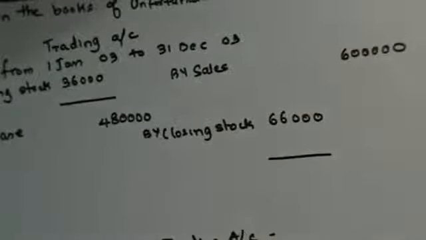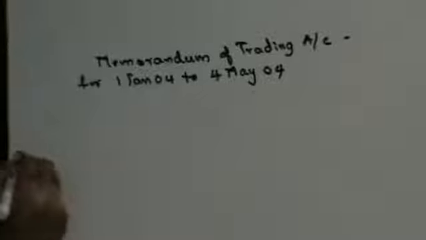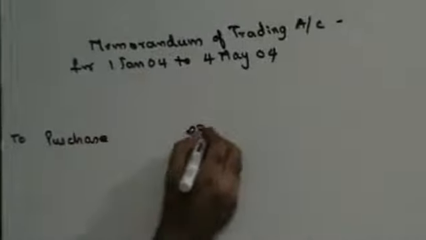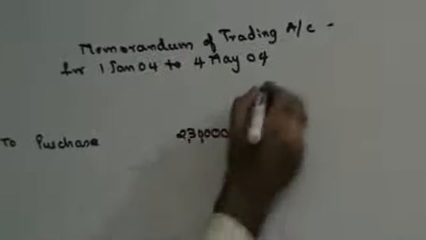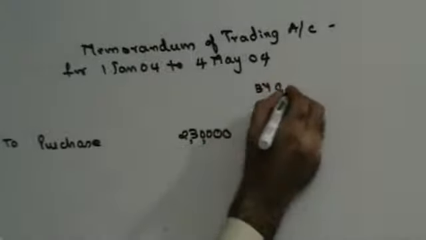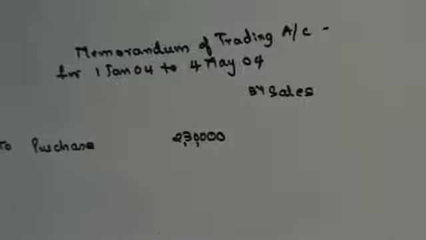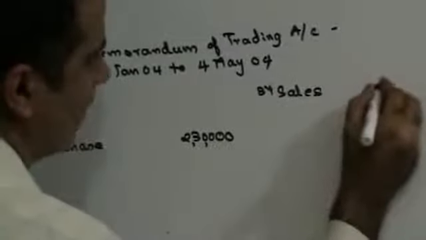Next, they've given you purchases in the year of fire is 2,30,000. Sales in the year of fire is given to you as 3 lakhs.